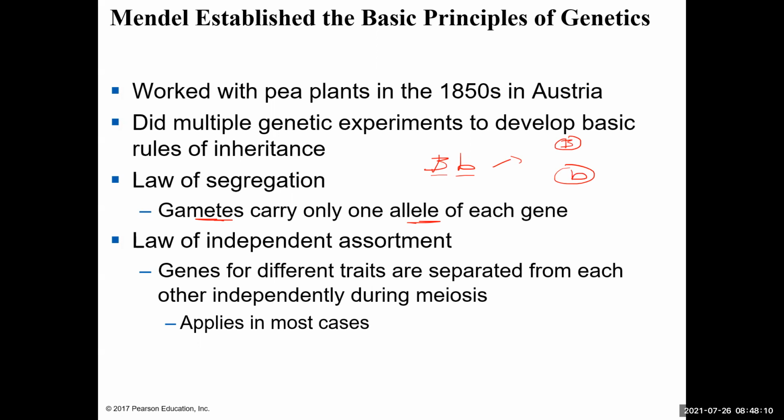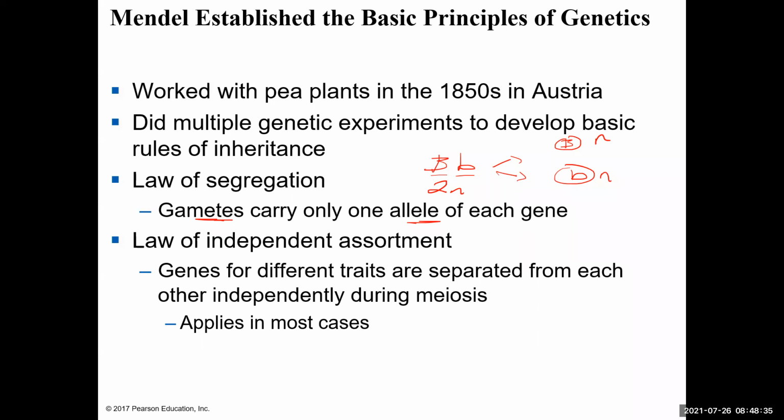It can't carry both because meiosis, remember, goes from 2N, which is diploid, to haploid cells. So that's that law of segregation. So Mendel's work actually provided the foundation for discovering and determining segregation of alleles into gametes.